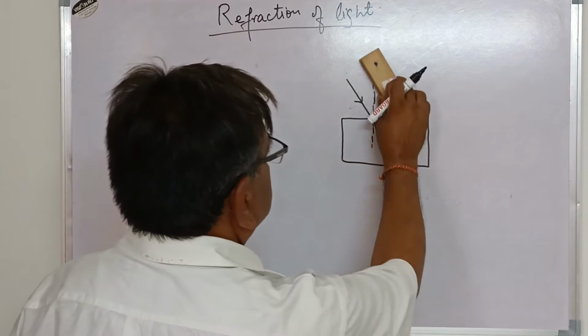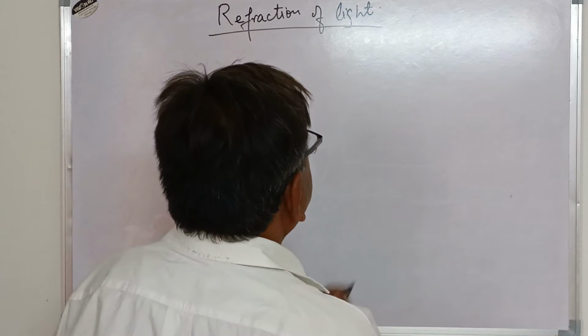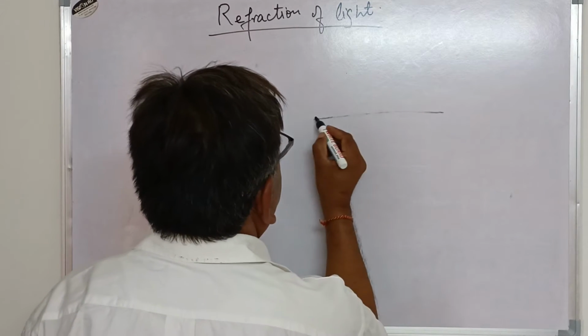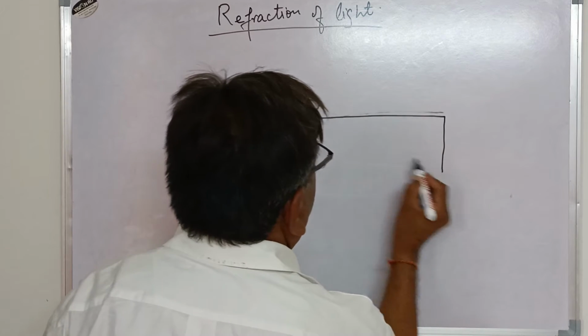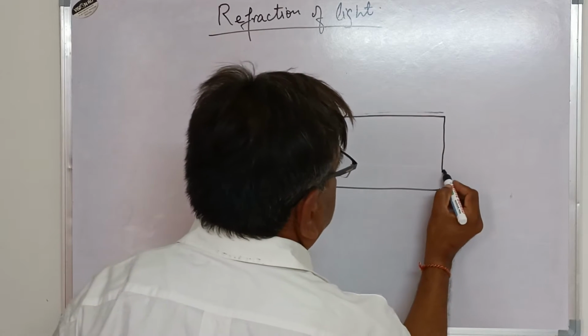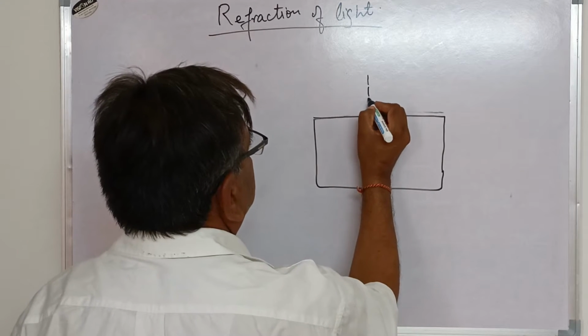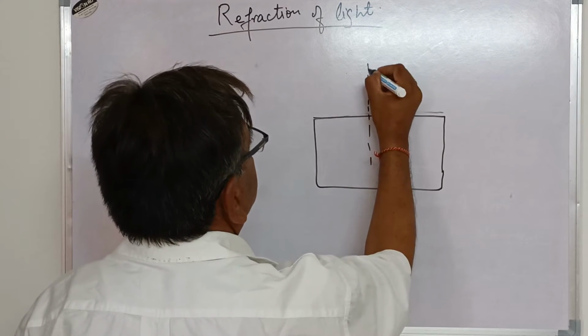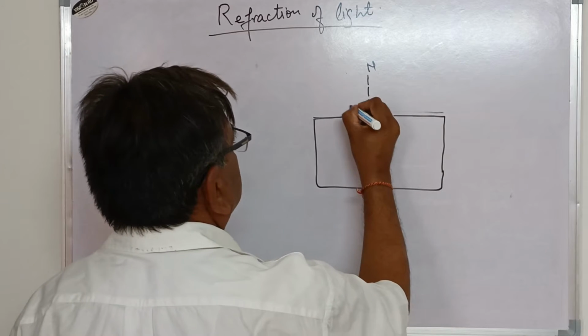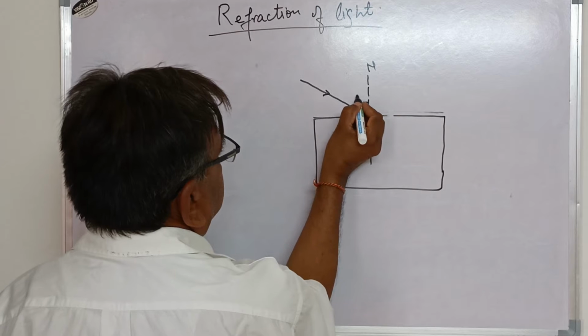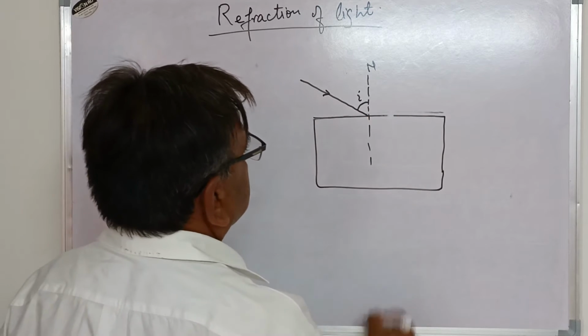Let us make a bigger figure so you can visualize more clearly. This be the normal and this be the incident ray. Let it make an angle I from the normal.